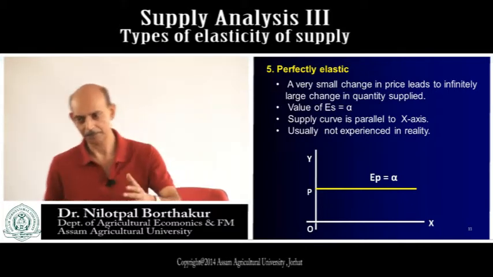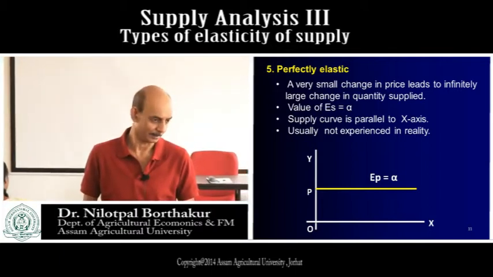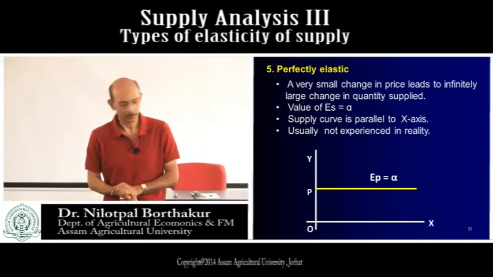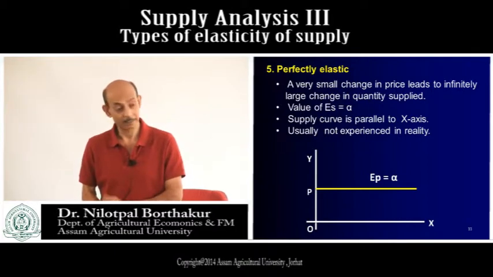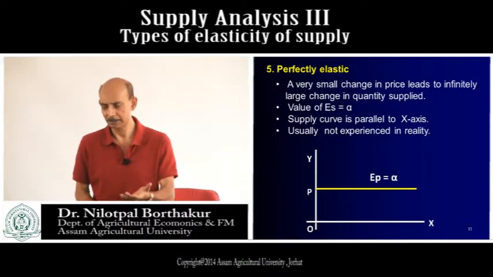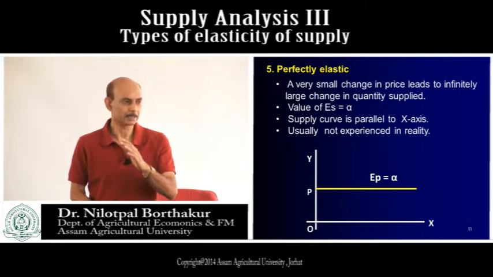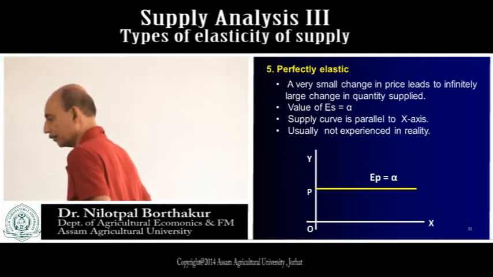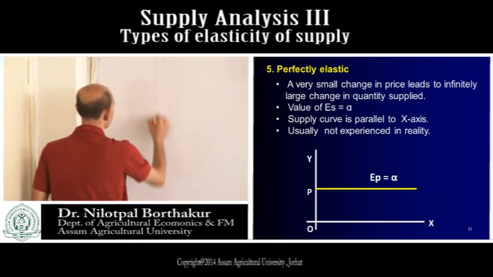That is the formula we have already discussed, and we have estimated different types of elasticity. Geometric or point method is used in case of supply curve which is a straight line. It can also be used for a curve, because in that case we simply use a tangent at a particular point. Let us assume that the supply curve is a straight line, and for any point on that supply curve, we want to estimate the elasticity.